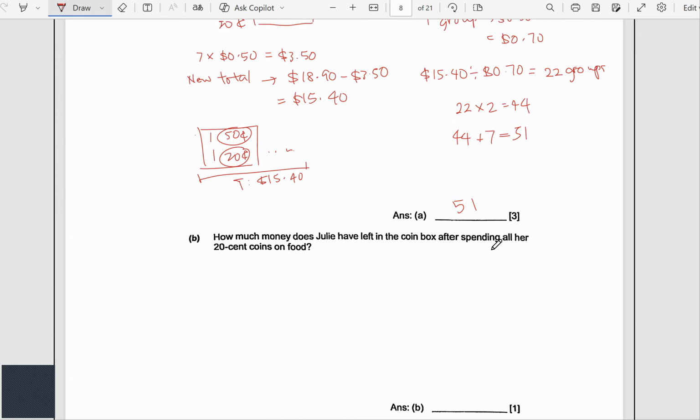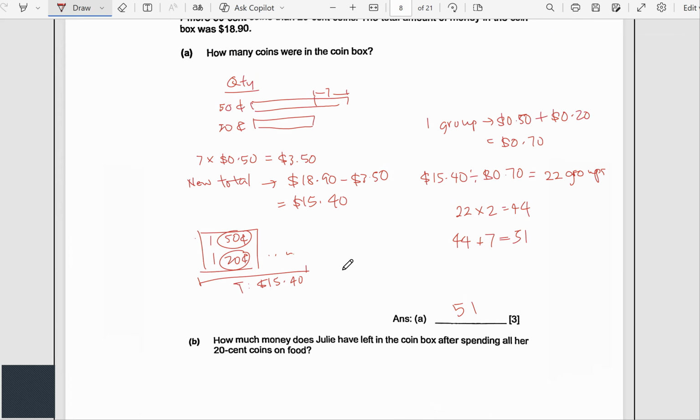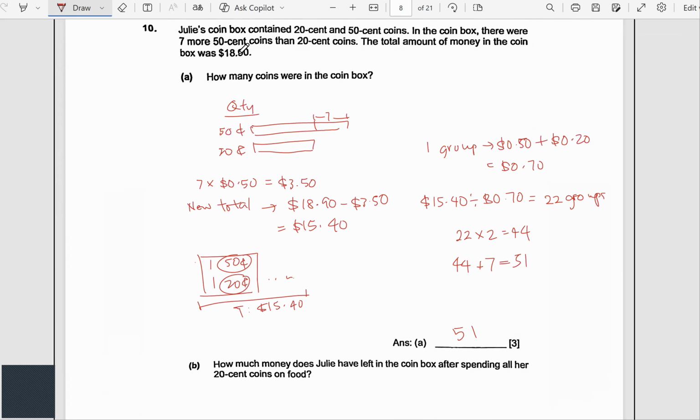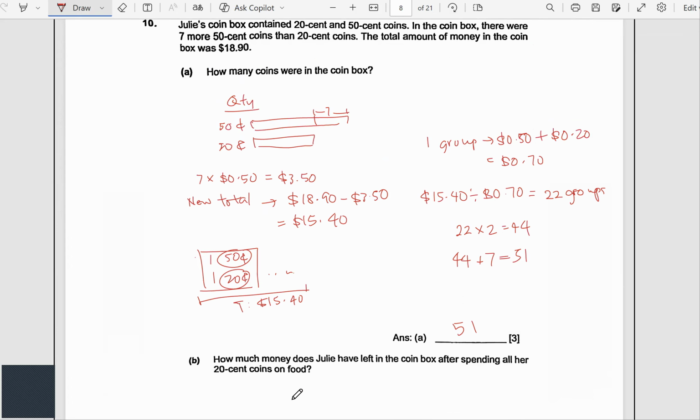For part B, how much money does Julie have left in the coin box after spending all her 20-cent coins on food? So, the total amount of money in the coin box at first was 1890. So if she spent all her 20-cent coins, how many 20-cent coins are there? 22 groups of 1. So 22 20-cent coins.